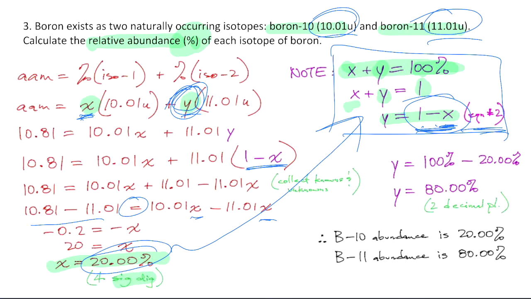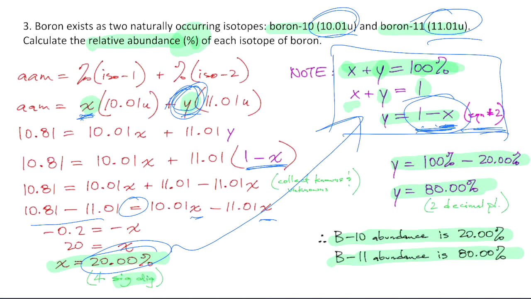So 100% minus 20%, because one of the isotopes is 20%, will give me the second isotope. So the abundance of boron 10 is 20%, and the abundance of boron 11 is 80%.